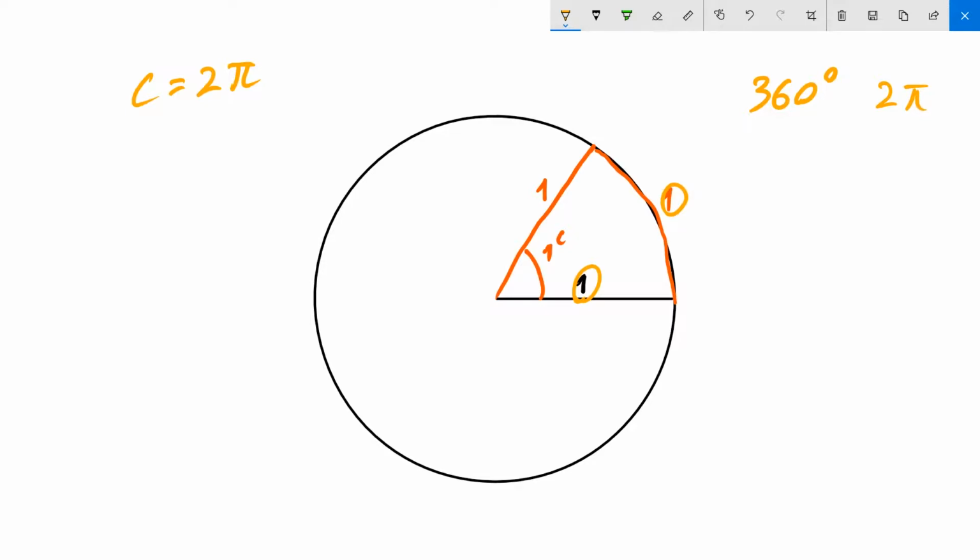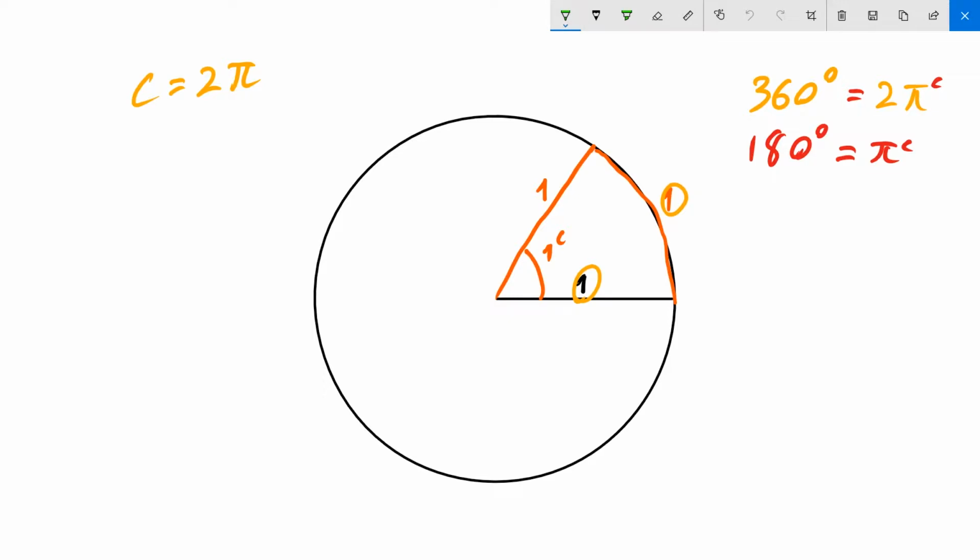And because it's 2 pi, we get some pretty nifty properties. If we divide both of these by 2 to see what 180 degrees is, what is that equal to in radians? Well, if we divide by 2 here, we get pi radians, again with the half degree symbol. Now we can come up with some interesting conversions using this equation. Let's start with 1 degree in radians. I'm going to divide both sides by 180.